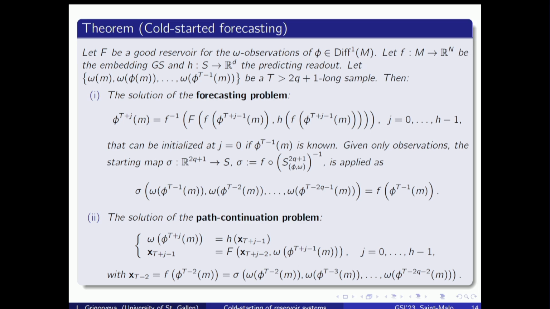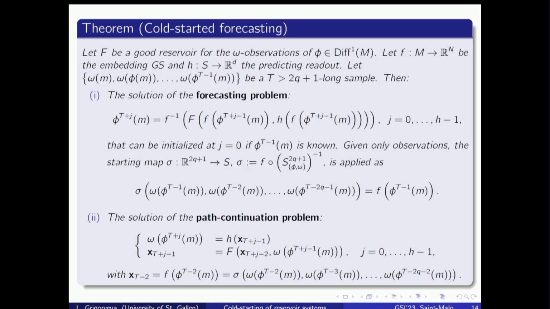This is an ugly, long expression, but it does nothing but use the definition of generalized synchronization that I was spelling out in the beginning, and what we mean by the state map. And this will be the solution of the forecasting problem, where I want to evolve the whole dynamical system phi, whatever h steps into the future from 0 to h minus 1, and this will be the solution of the path continuation problem.